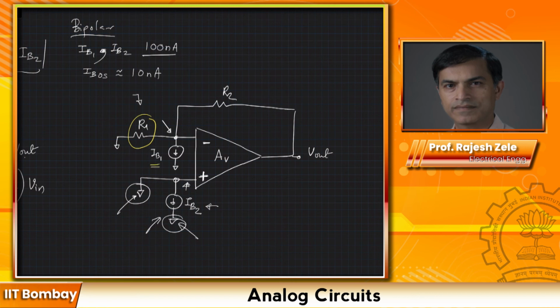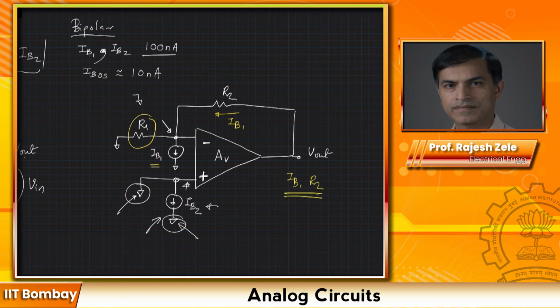So all the current IB1 has to flow through our resistor R2. So you can quickly see then the voltage at the output due to the bias currents is going to be only due to IB1, and that will be equal to IB1 times R2.